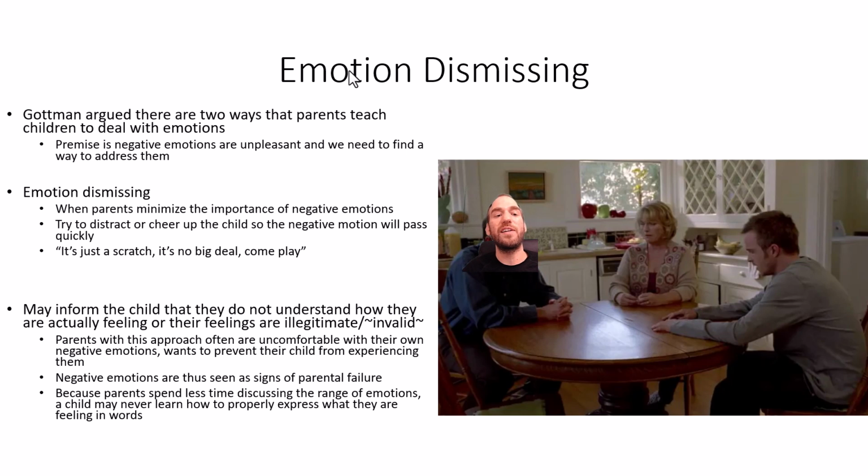What you're going to try and do in this emotion dismissing technique, this way of parenting, is minimize the importance of negative emotions. So you try to distract, cheer up, like, oh, it's not that big of a deal, and move on with your life. So basically what you're saying is, you're not really understanding what it is you're feeling. You're not sad. It's actually not a big deal. And we really don't have to think through why you're feeling this way.